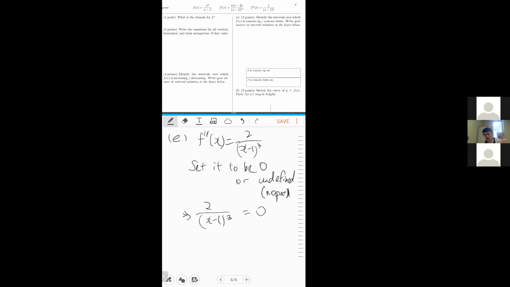So in general, the only way for a fraction to be zero is when the top is zero. But the top is a number too. It can never be zero. So what does it say? What does it mean?